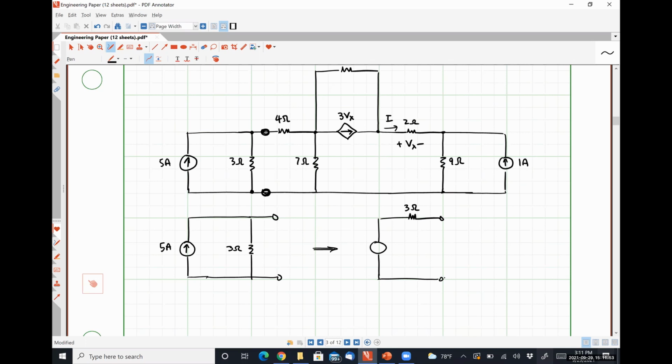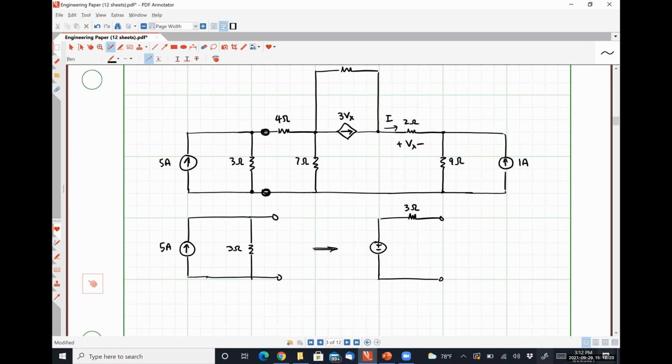Now I want to talk about the rules by which we apply source transformation. All right. So when we're converting from a practical current source to a practical voltage source, the tail of the arrow is our negative polarity sign, and the head of the arrow is a positive polarity sign.